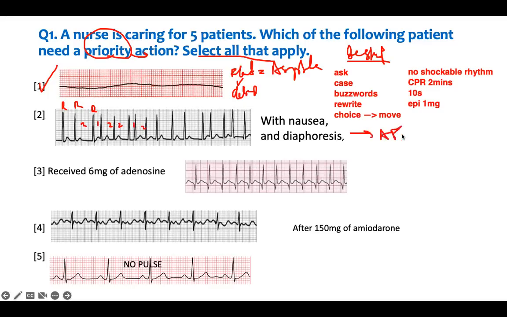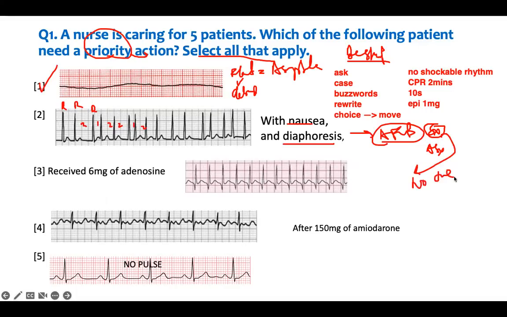So this is AFib. Whenever you have arrhythmia, the next thing you ask is, does the patient have symptoms or no symptoms at all? And this patient, we look at it and say, what? He has nausea and he's diaphoretic. That means the patient is symptomatic. If the patient is symptomatic, you have no time.